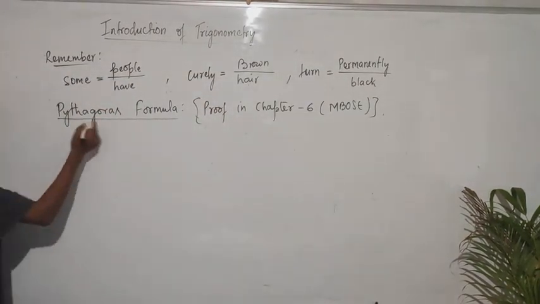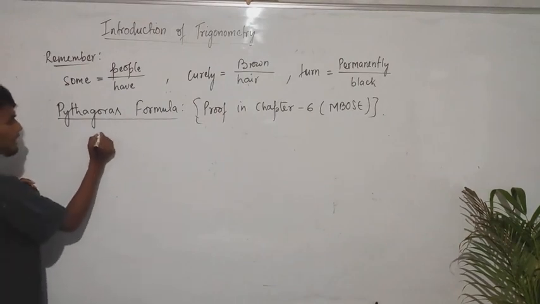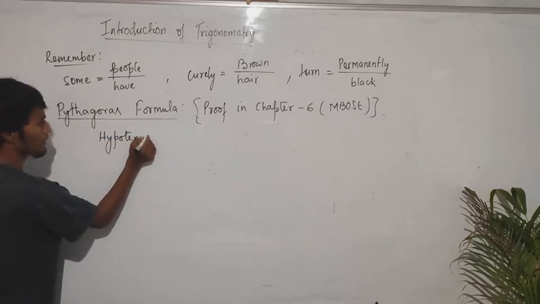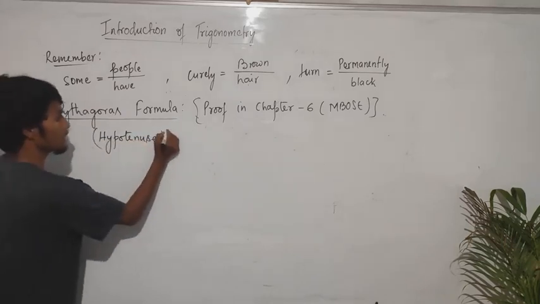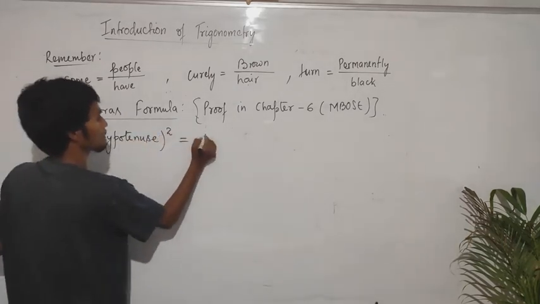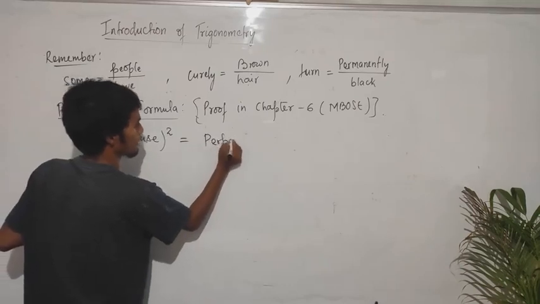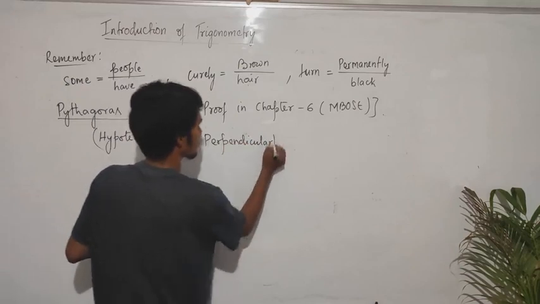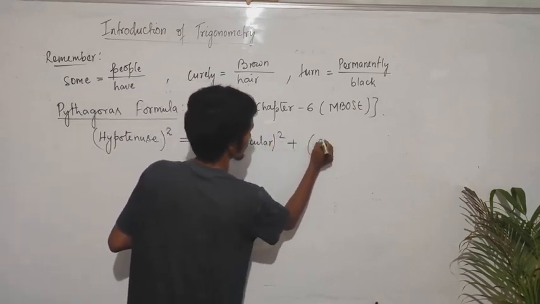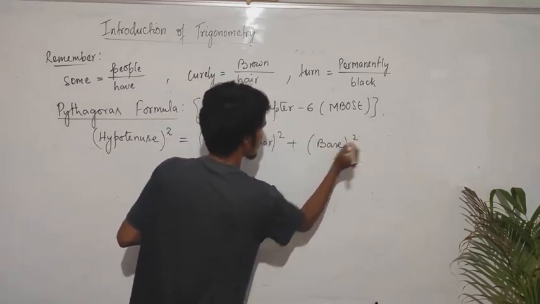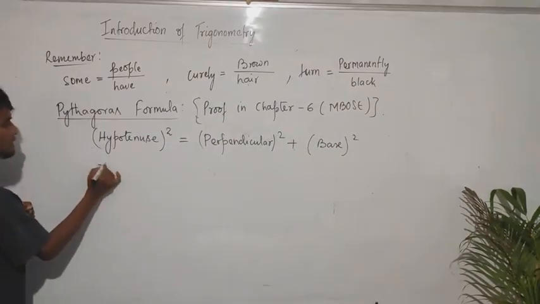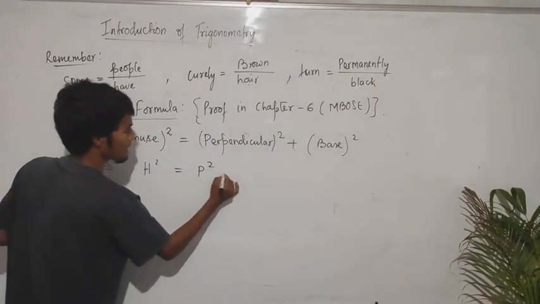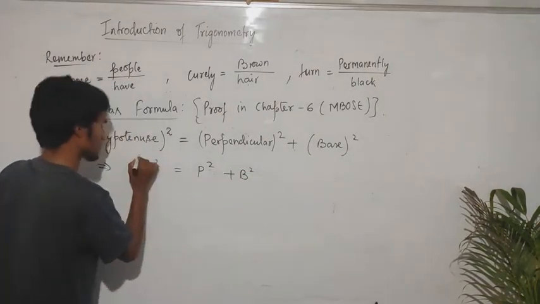But right now, we'll write the Pythagoras formula. What's the formula? Like this: hypotenuse square equal to perpendicular square plus base square. In short, we have this: h square equal to p square plus base square.